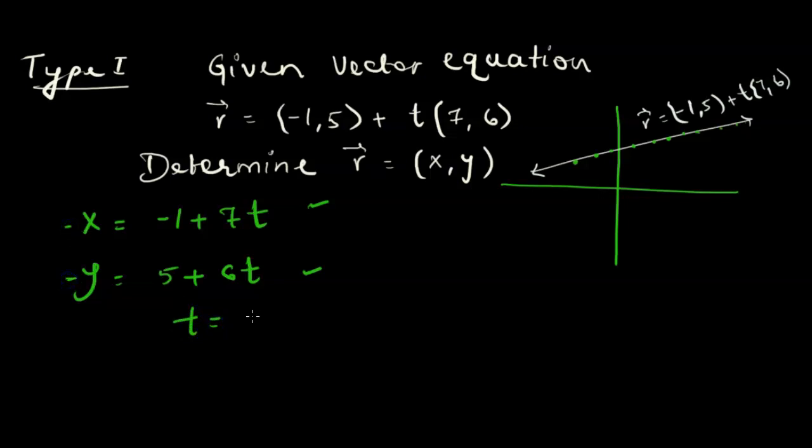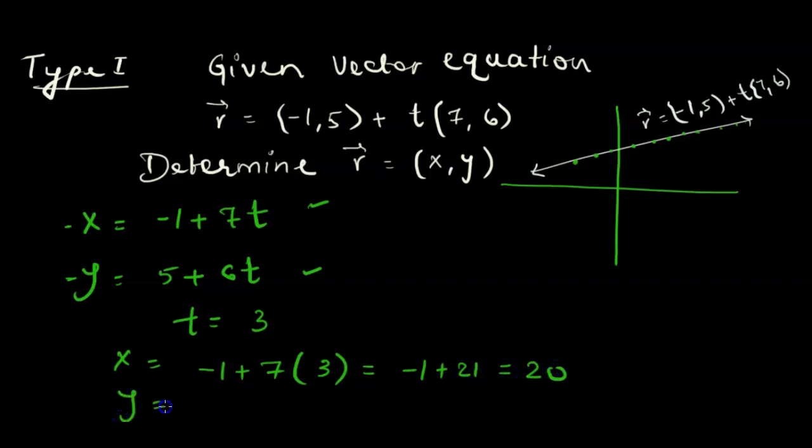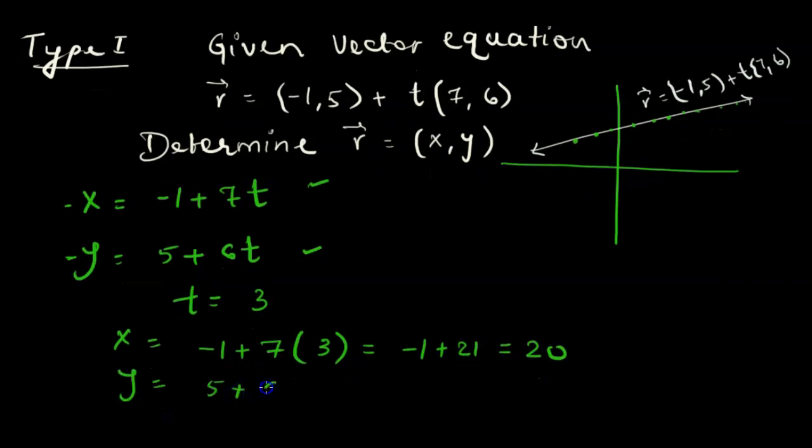So let's consider t is 3. We can put anything. You can put -1, +1, 4, 5, 6, whatever. So x would be equal to -1 plus 7 times 3. That gives us -1 plus 21, which is equal to 20. Similarly, we can solve for the y value. y is 5 plus 6t, so t is 3.